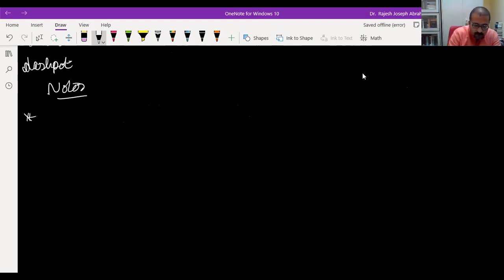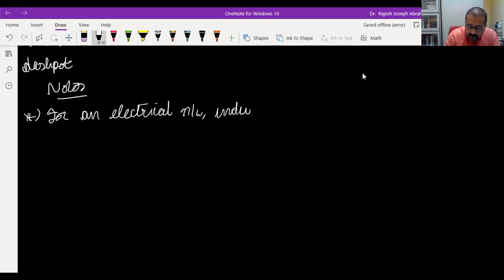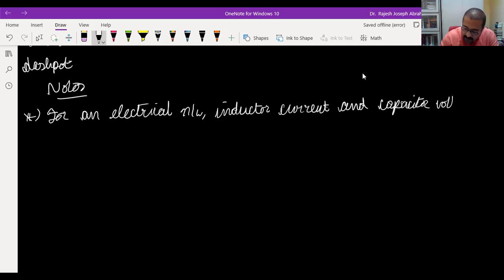First one, for an electrical network, inductor currents and capacitor voltages can be chosen as state variables.